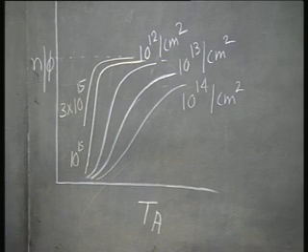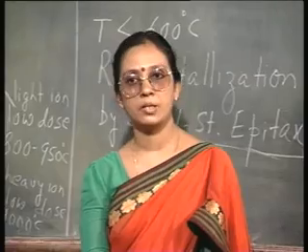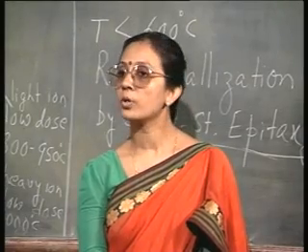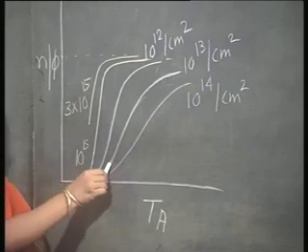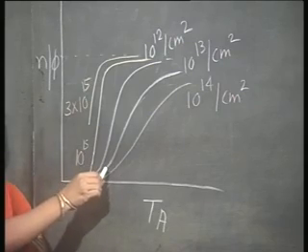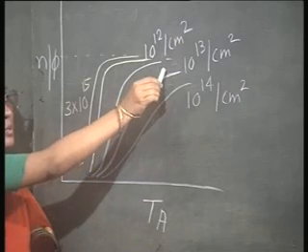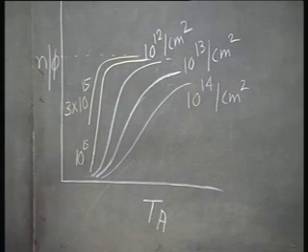Okay. Now, if I go to a higher dose from 10 power 12, if I go to 10 power 13, expected that there will be more damages, it will be a bit more difficult to anneal out these damages, and although it follows the same sort of trend, the full activation is taking place at a higher temperature.